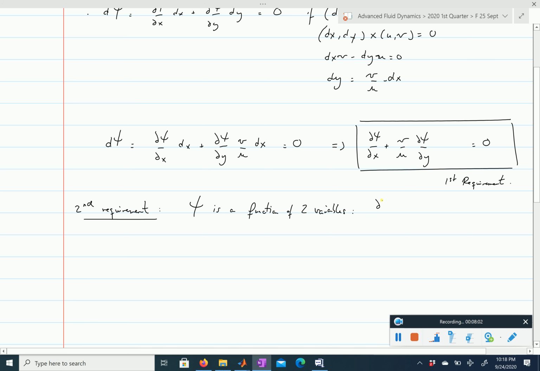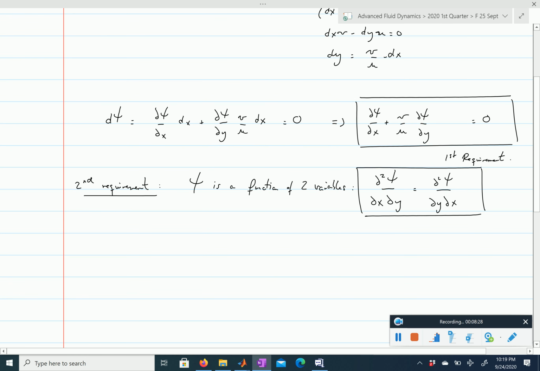So we need the partial with respect to x of the partial of psi with respect to y to be equal to the partial with respect to y of the partial of psi with respect to x. The cross derivative terms have to be equal. This is a mathematical requirement for this function psi to exist.